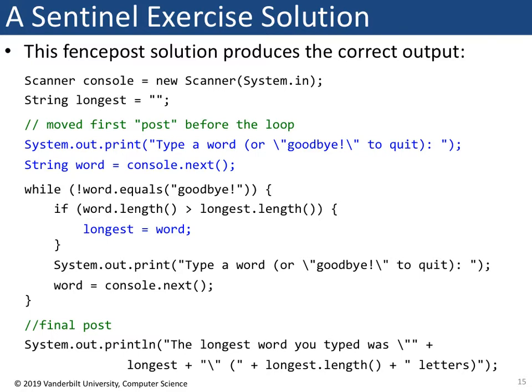So we are inverting whatever the result of that Boolean expression is, and we wind up with false. If the test is false, we do not do the next iteration of the loop. So the sentinel never gets compared to the current longest, and we always have an accurate printout for what the longest word is without considering the sentinel.